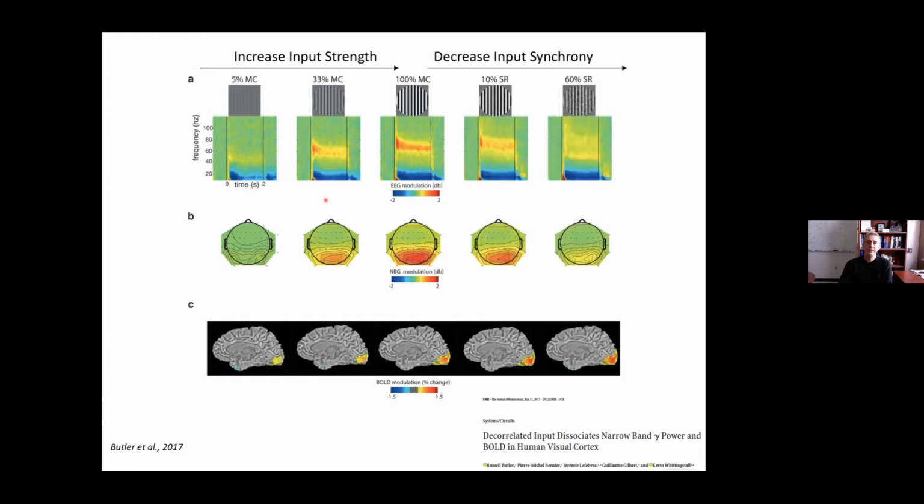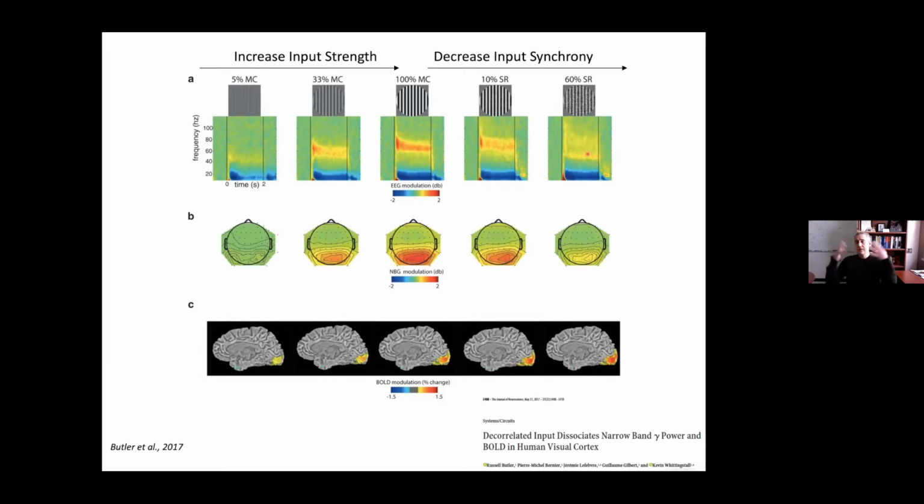But then what we did is we spatially randomized the stimuli. That is, we just randomly started swapping the position of the pixels while leaving the overall contrast the same. So the brain was still receiving the same amount of information, but it was just deconstructed now. So when you decorrelate the input falling on the retina, what happens is you start decorrelating the neural signals.